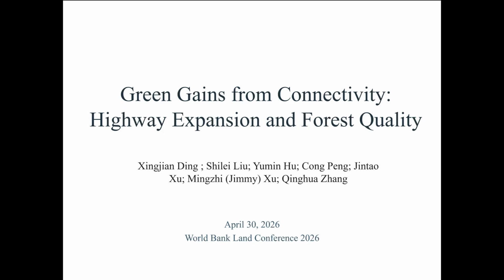But obviously, we experienced a strong highway expansion. And a lot of people, especially my young colleagues, will be interested in seeing whether this infrastructure, which obviously occupied a lot of land, negatively or positively affects forest growth.